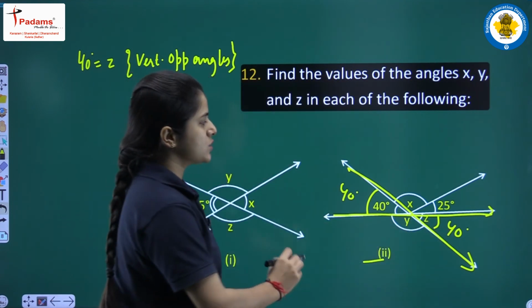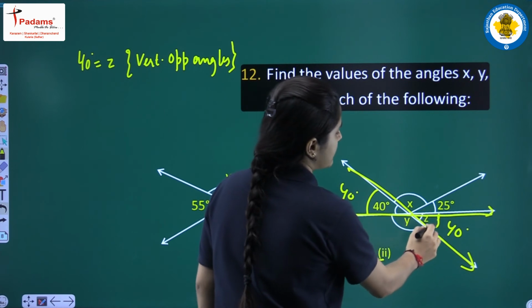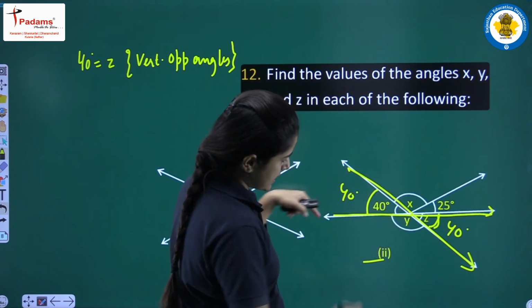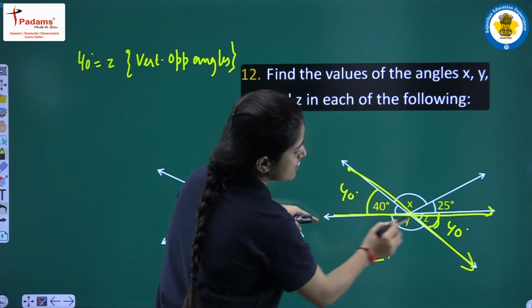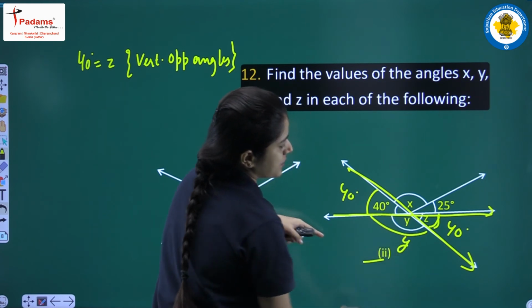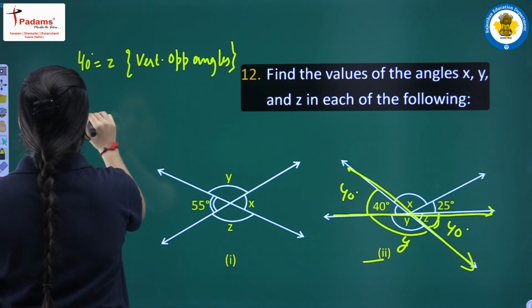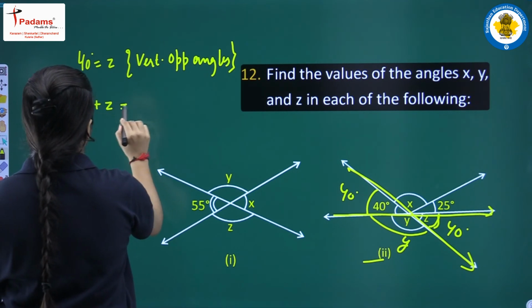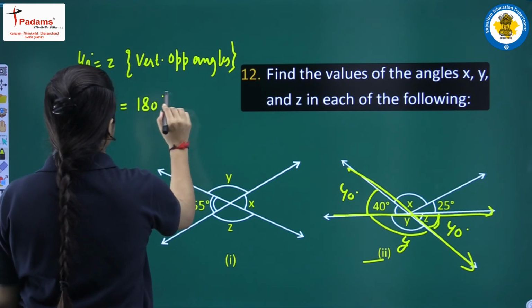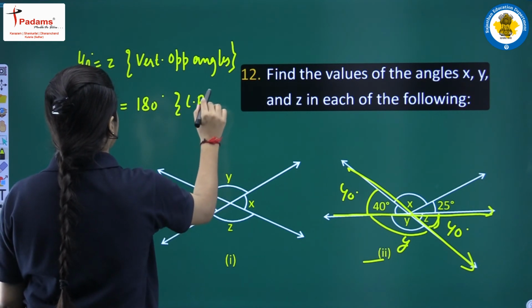Now, students, have a look here. If this is 40 degrees, this is a complete line. If this is 40, this is y. So, this is forming the linear pair, that is, y and z are forming a linear pair. So, their sum is equal to 180.